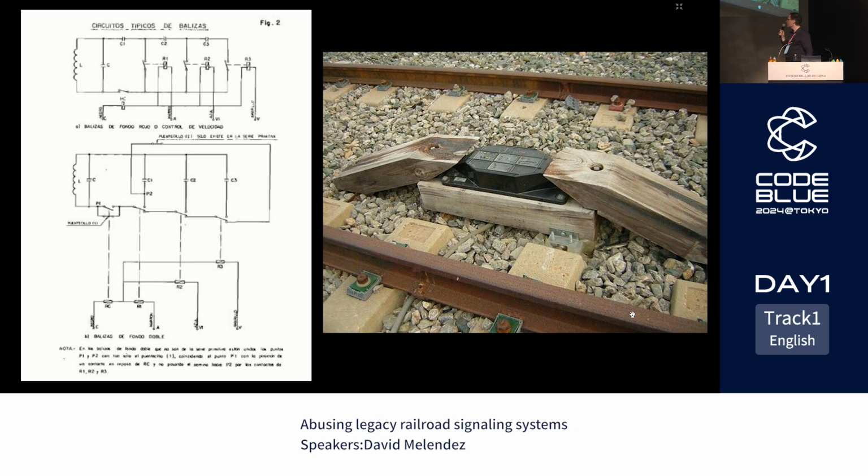So we have to make a circuit that respects those specifications. If we want to change the symbol from green to red and so on, relays are installed inside the beacon to change the capacitance of the circuit.